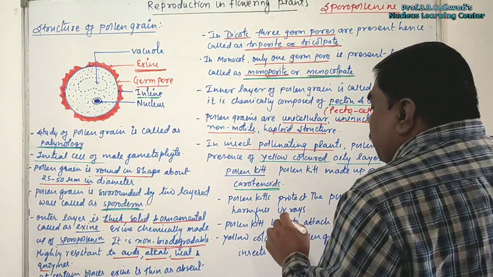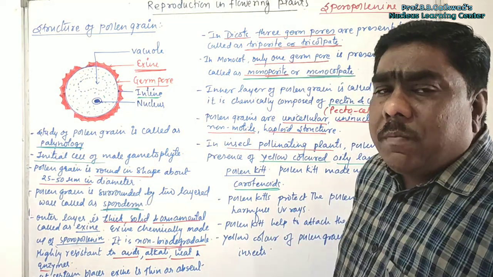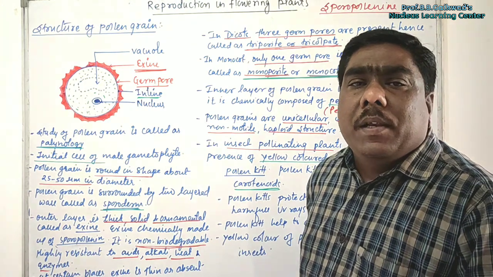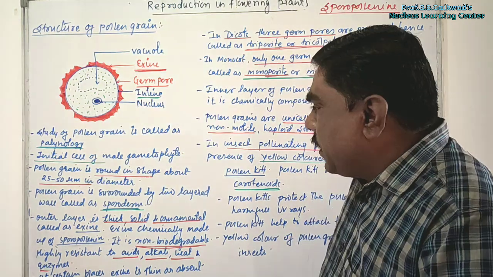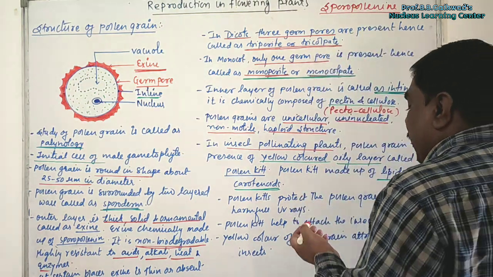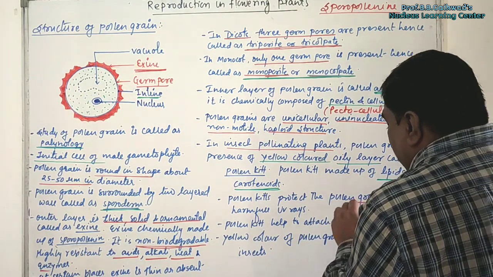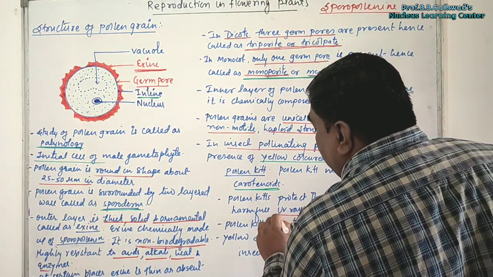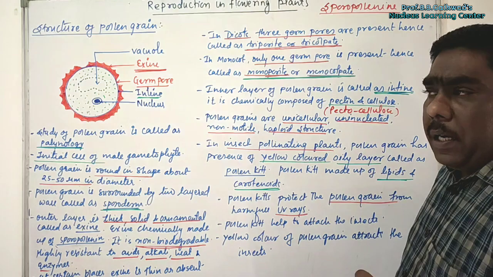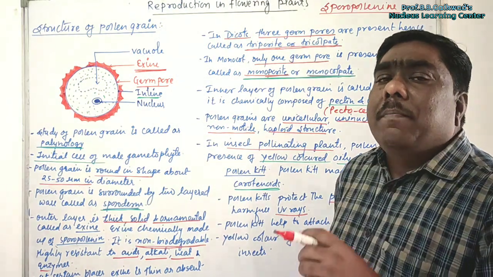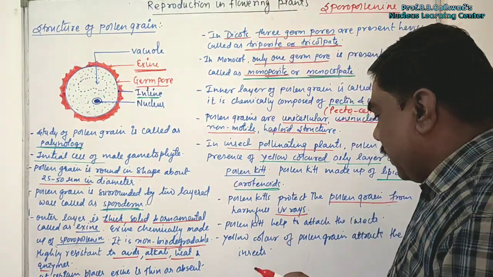Now, this pollen kit, what are the functions of the pollen kit? ये pollen kit pollen grain पे क्यों present होता है? So this pollen kit protects the pollen grain from the harmful UV lights. Ultraviolet rays से ये protection करता है pollen grain की.